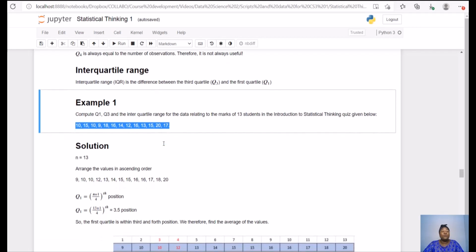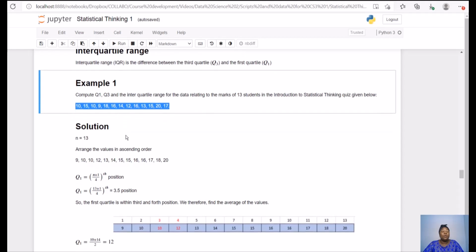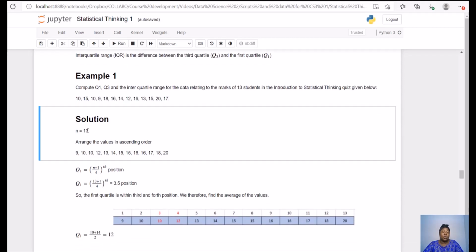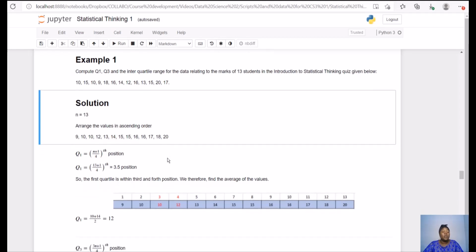So now, how do you find the interquartile range? That is Q3 minus Q1. The solution is thus: you have 13 samples, and we have arranged the values in ascending order, that means from the smallest to the biggest.